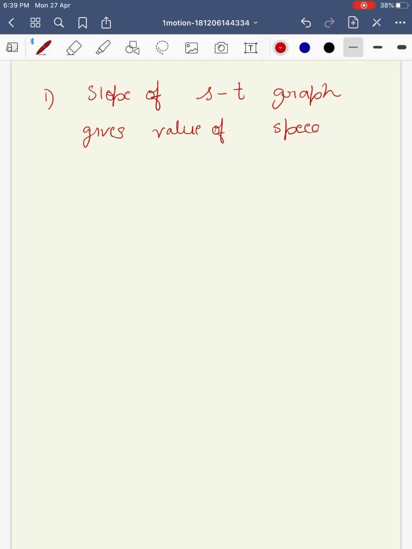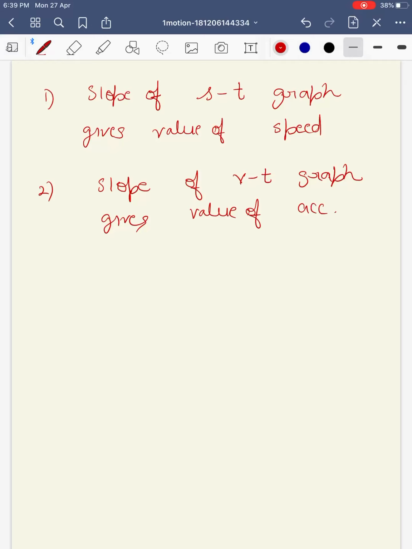What are those? First, slope of distance time graph, can be written as ST graph, gives value of speed. Second, slope of VT graph, that is velocity time graph, gives value of acceleration.